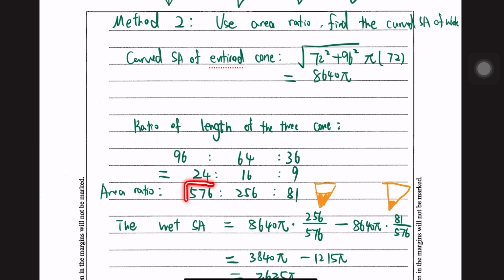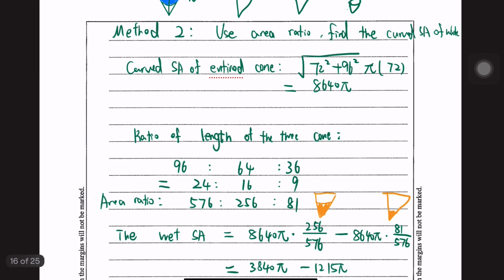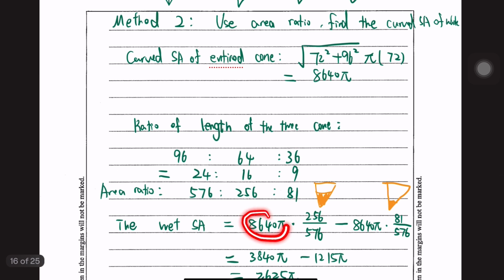This is the largest cone, middle cone. Remember, it's a cone, it's not the frustum. And then this is the smaller cone, okay? So it should be this one to this one to the smaller one. And then we can use the entire one times the ratio of the middle cone, then you can find the surface area of the middle cone, okay?